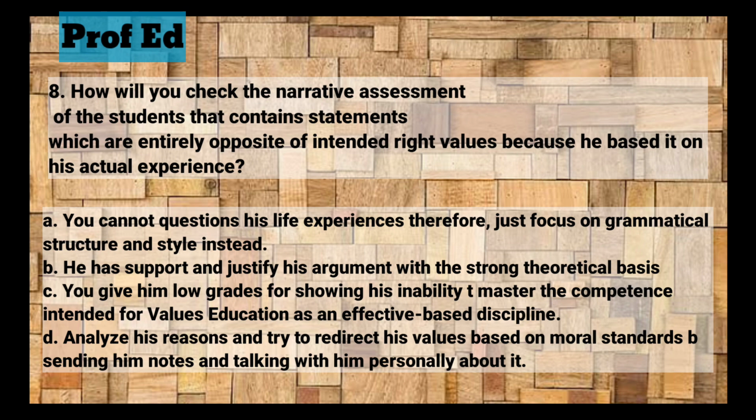B. He has to support and justify his argument with a strong theoretical basis. C. You give him low grades for showing his inability to master the competence intended for values education as an affective-based discipline. D. Analyze his reasons and try to redirect his values based on moral standards, sending him notes and talking with him personally about it.